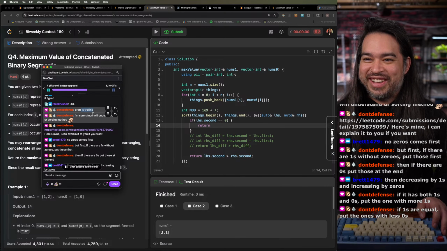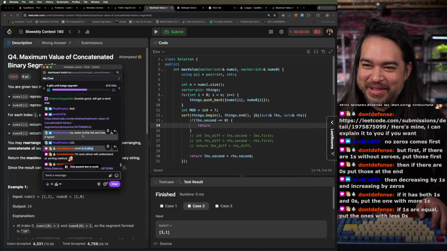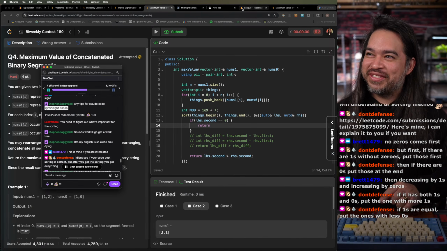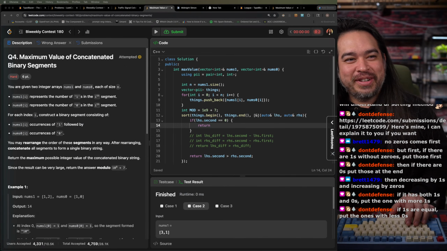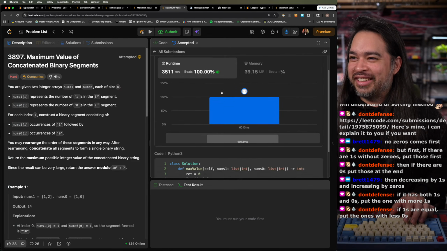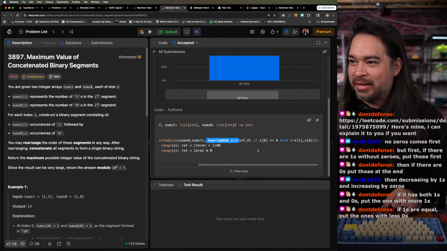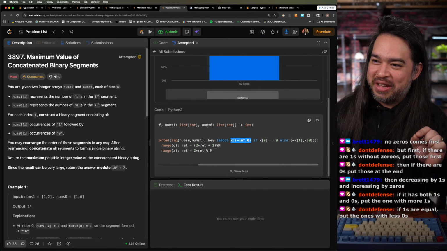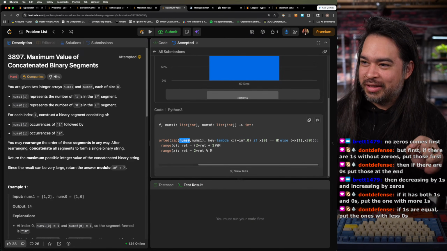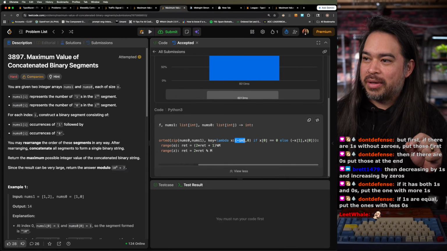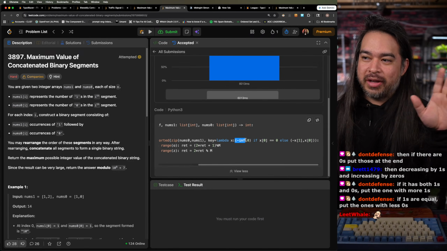Brett is trolling? No, Brett's not trolling, man. Wait, just because he said that, I'm gonna show you I can read it. I already read it, man. Come on. It says, here's the key. I don't know what this says, but I can see if num0 is 0, then we want, this is like, it comes first.